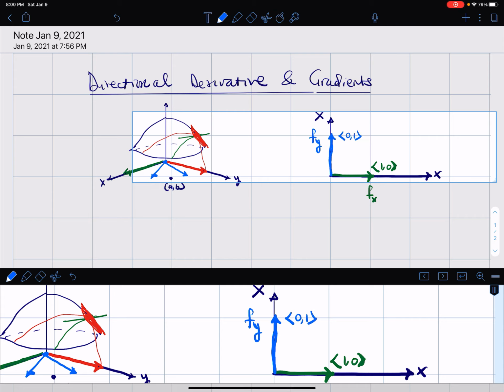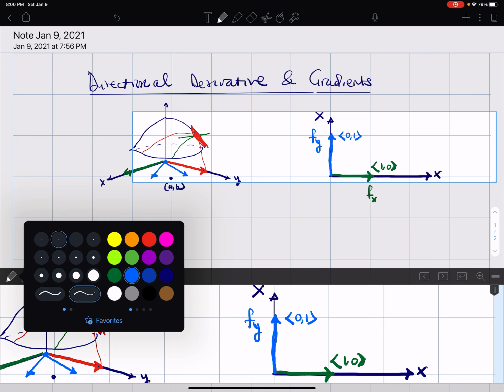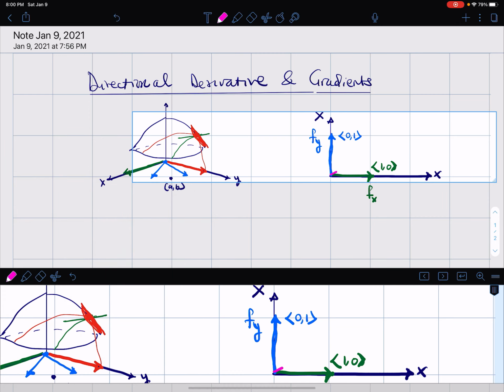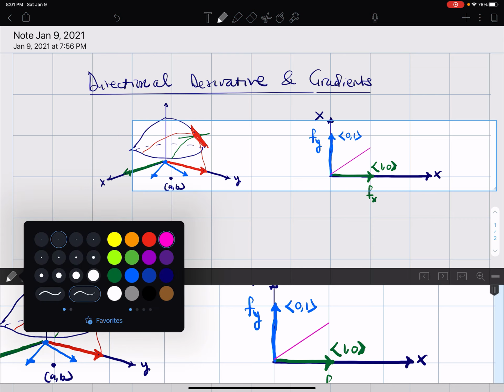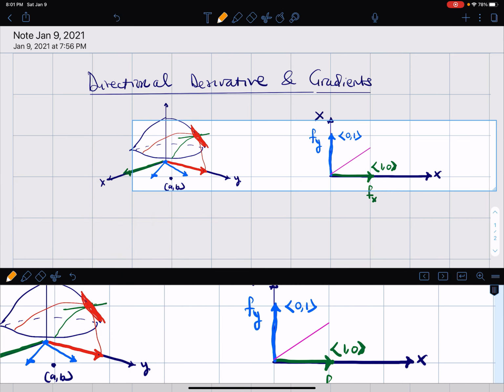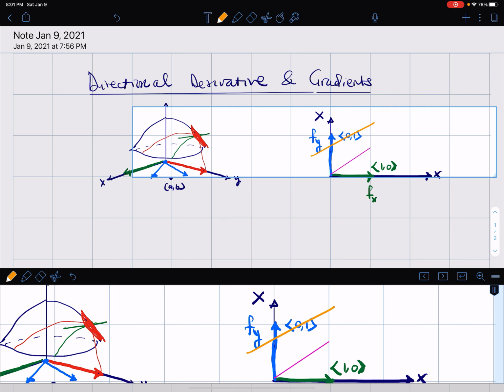Now, how about if we just want the direction of any unit vector? Say we have this unit vector right here, or this unit vector, right? Which would be parallel to any unit vector at all. Or this vector, it doesn't have to be unique.